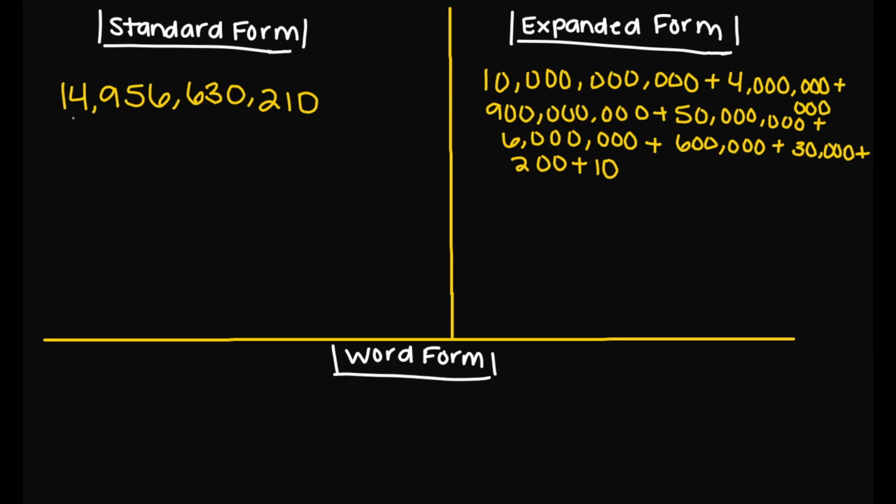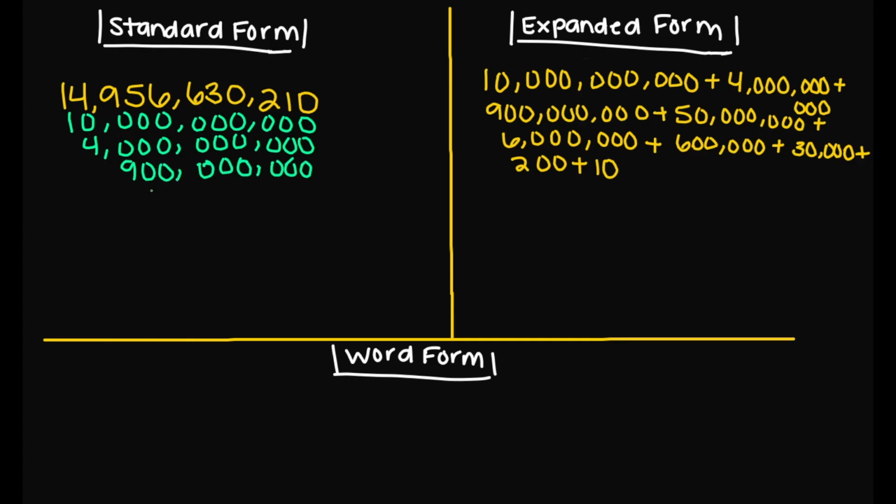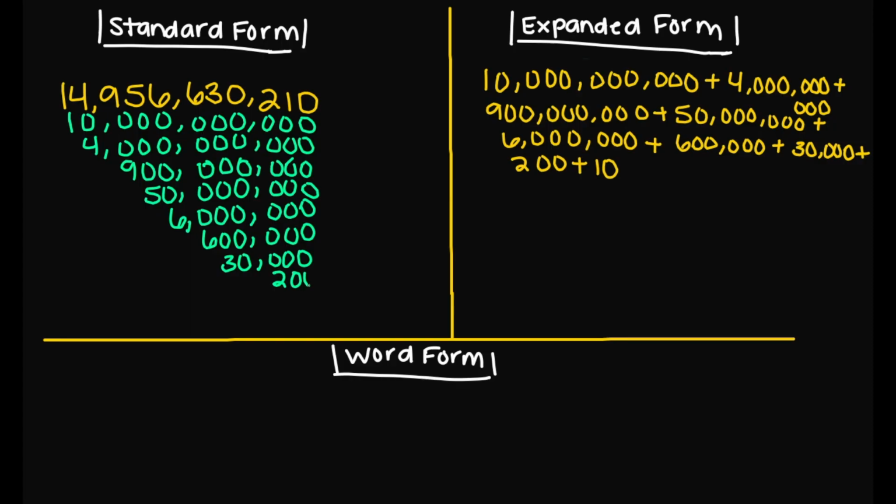And if you need help with that, so you have 10 billion here, then you have 4 billion, then 900 million, then 50 million, 6 million is next, 600,000, 30,000, 200, and then you have 10. So this here is the same as our expanded form here on the right side. So we have our 10 billion, then we have our 4 billion, and that set of 0 goes on top, right?